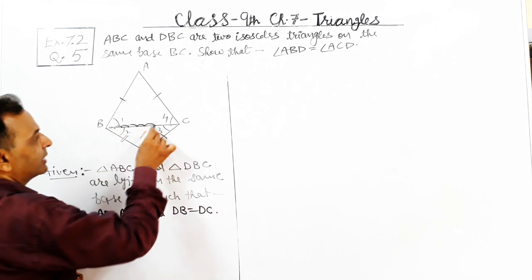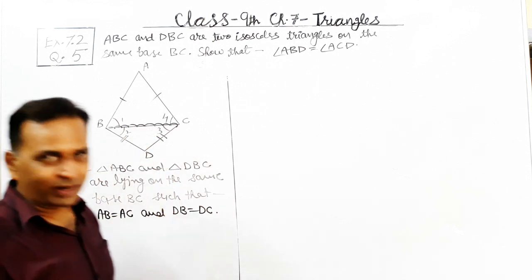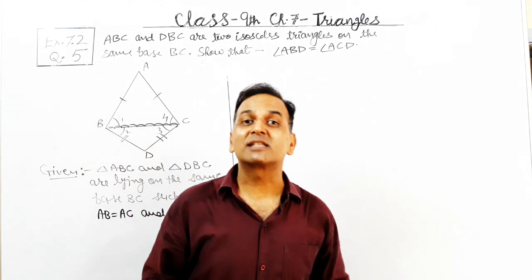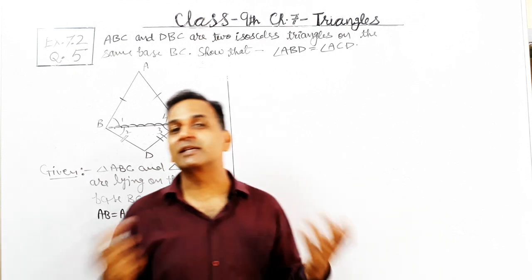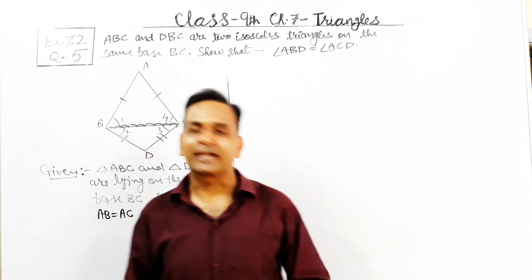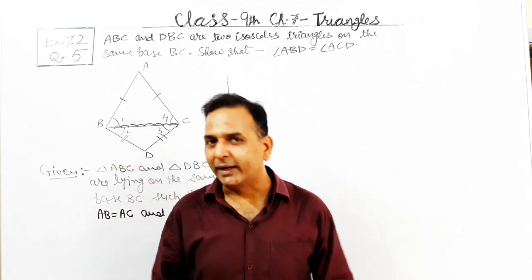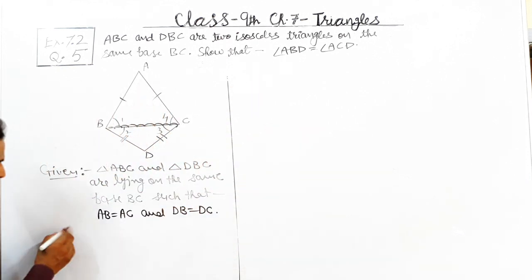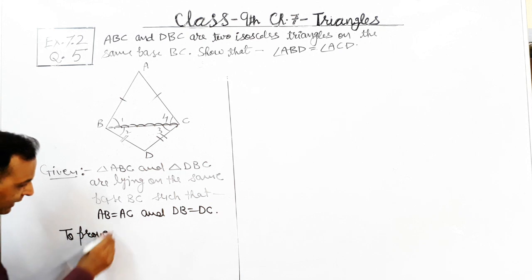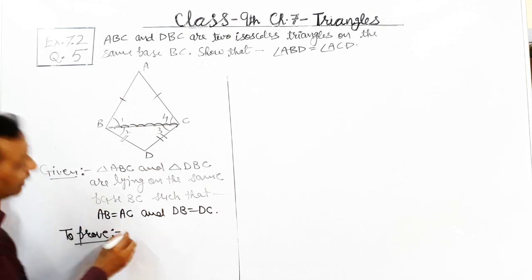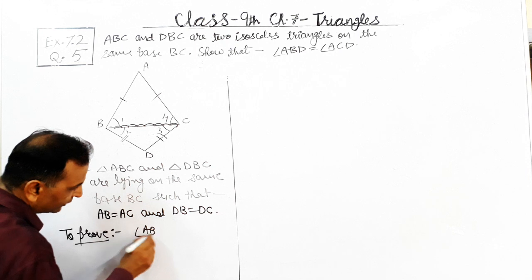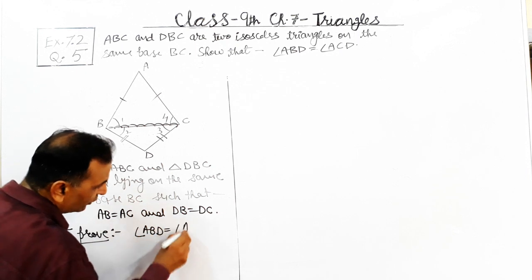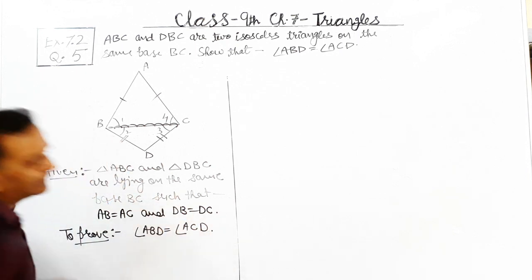This is the common base BC for these two triangles, and because these are isosceles triangles, AB and AC are equal, DB and DC are equal. What is to be proved by us? The two angles, angle ABD and angle ACD, are equal to each other. It is to be shown by us. So we can say angle ABD is to be proved equal to angle ACD.